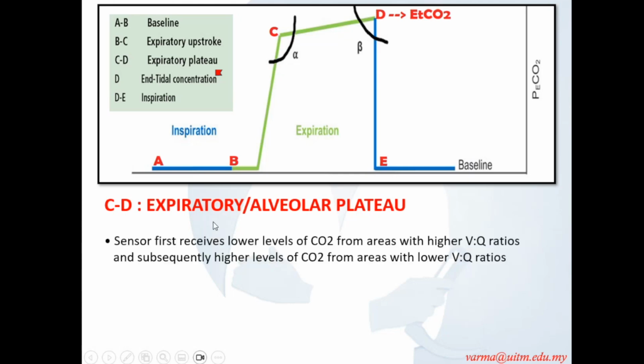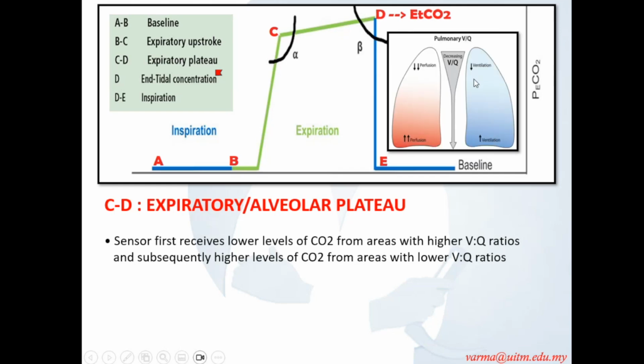Because the sensor will first receive lower levels of CO2 from areas with a higher VQ ratio. Remember the class on hypoxemia and VQ mismatch, apex versus base. The apex has both lower ventilation and perfusion, but ventilation is better than perfusion, so VQ is higher here and lower at the base. Ventilation is high here, which means perfusion is lower.